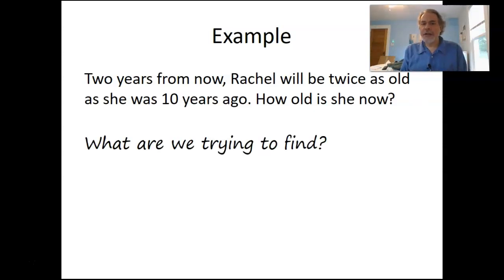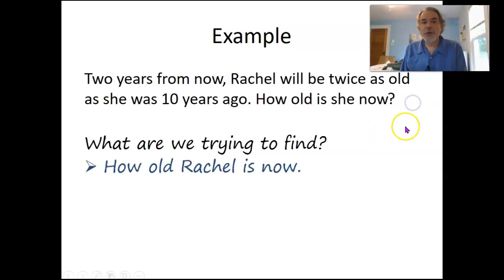What are we trying to find here? Well, look, there's a question. It ends with a question mark. How old is she now? So if we knew the answer to that question, that would be the solution to this problem. We just need a number that fits the situation described in the problem. So we're trying to find how old Rachel is now.